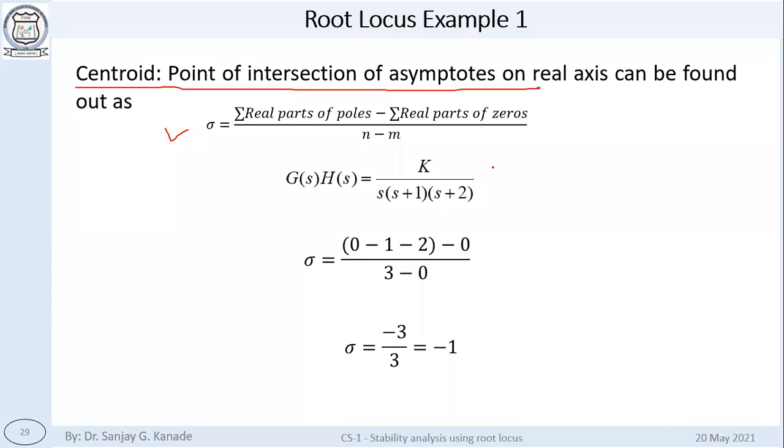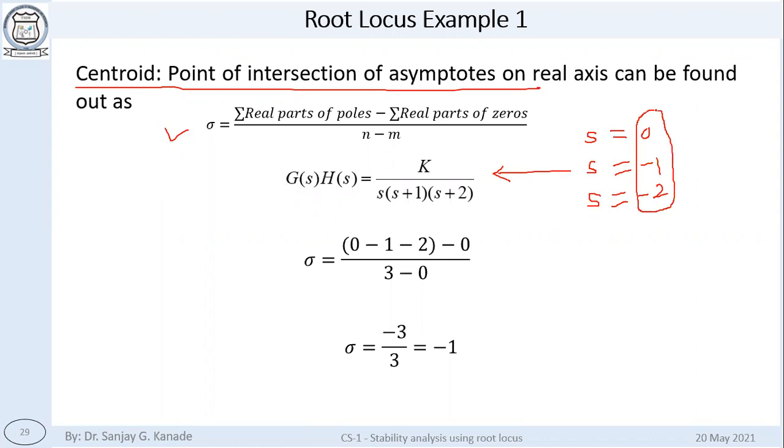So if this is the transfer function, what are the real parts of poles? Where are the poles? S equal to 0, S equal to -1, and S equal to -2, right? These are three open loop poles. So what are their real parts? Actually, all these are only real parts.